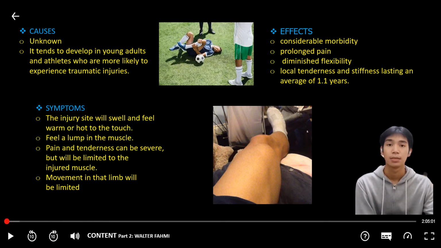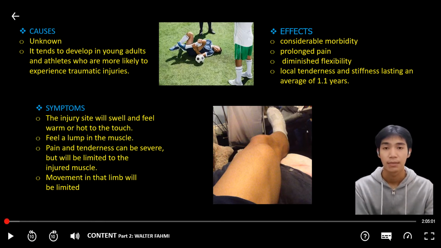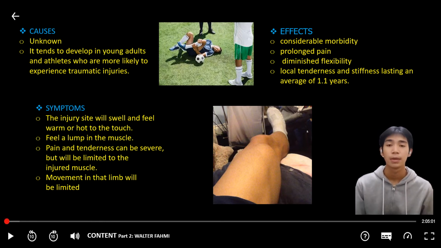Next, the symptoms for myositis ossificans are that the injury site will swell and feel warm or hot to touch. You also may feel a lump in the muscles. Pain and tenderness can be severe, but it will be limited to the injured muscle only, and your movement in that limb will be limited.